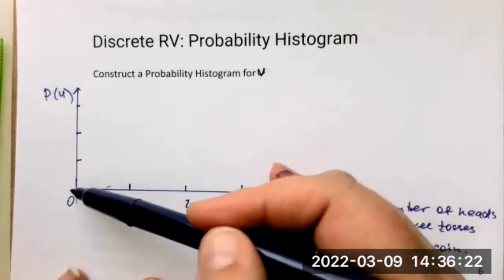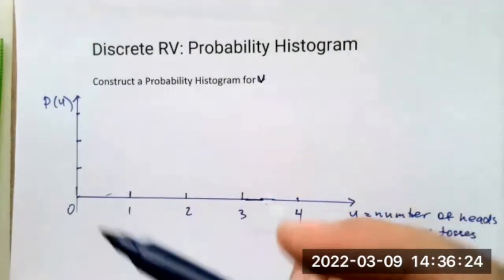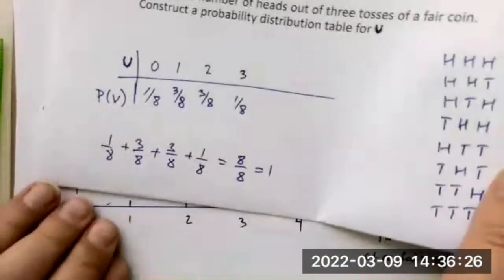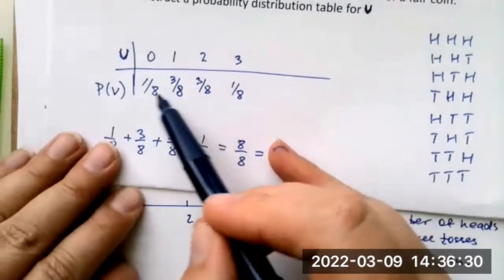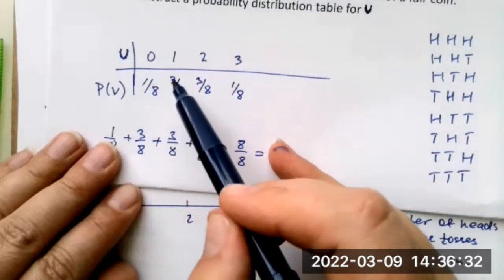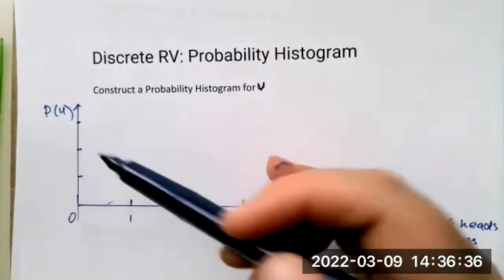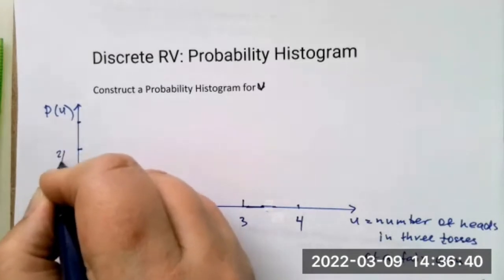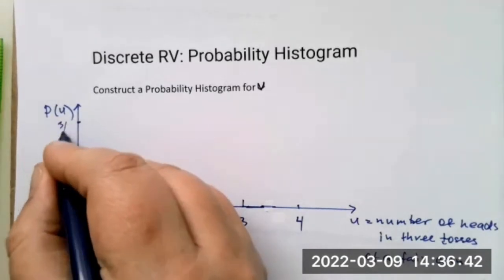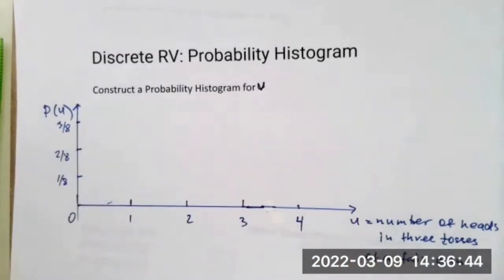And we also have probabilities listed. So the highest probability that we have to picture is 3/8. So we have 1/8 and 3/8. So I have 3 tick marks here. This is going to be 1/8, 2/8, and 3/8 is the highest mark.